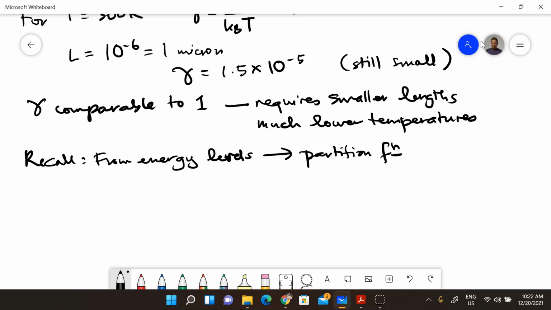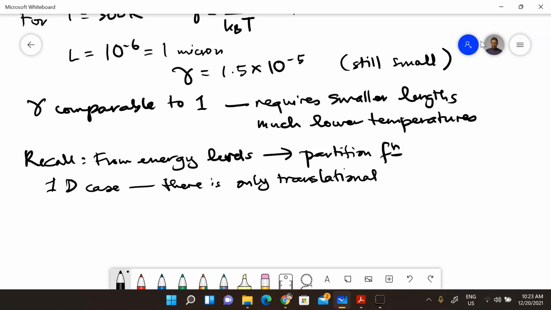So it's a 1D case, and there is only translational motion. One should be careful that when you go beyond one dimension, there will be other types of motion that we need to take into consideration. So here it's fine, it's just translational.